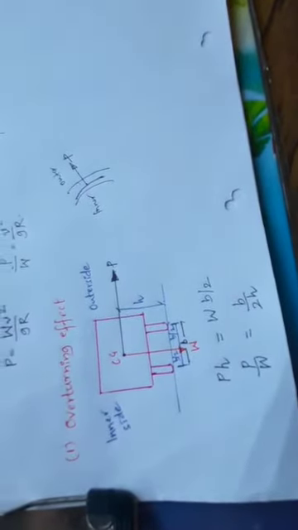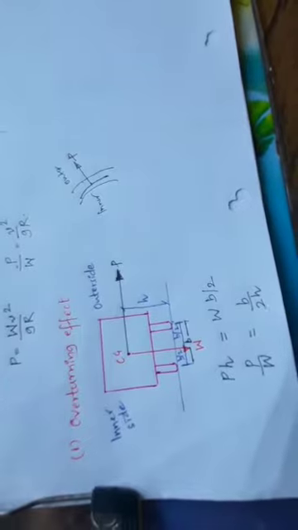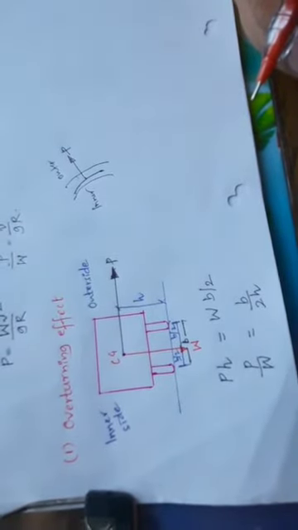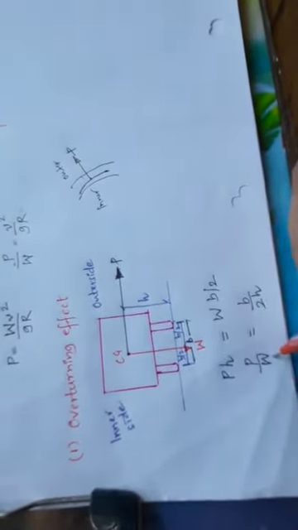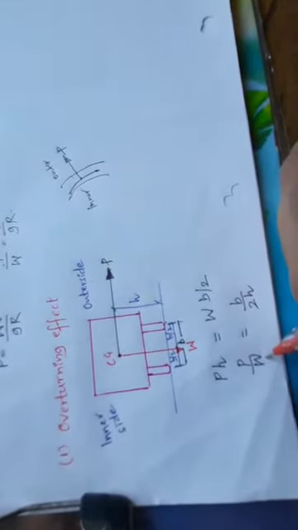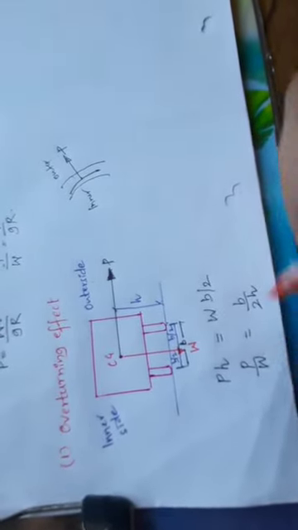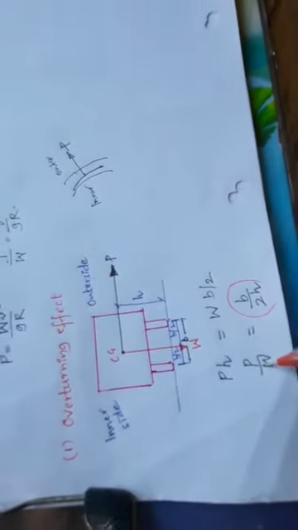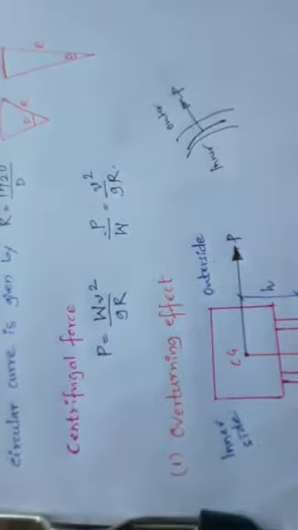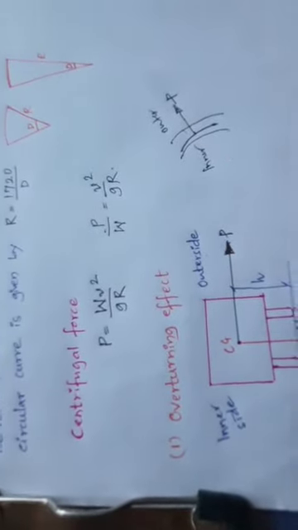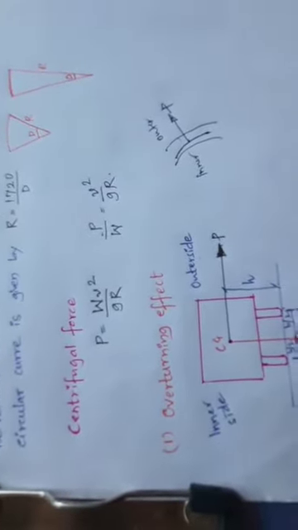This means that the danger of overturning arises when the centrifugal force ratio P by W attains the value B by 2H. This P by W, what we call the impact factor, can also be written as V square by GR.